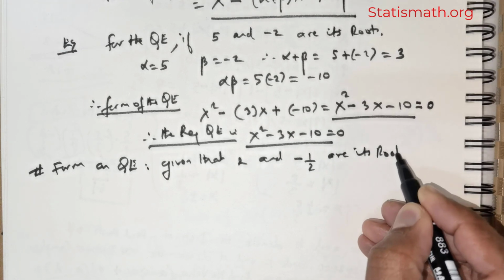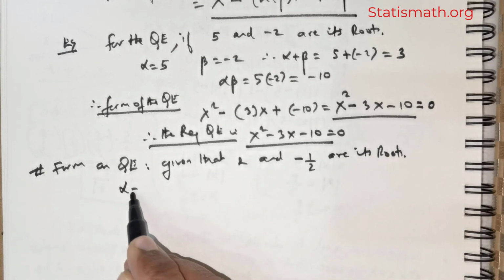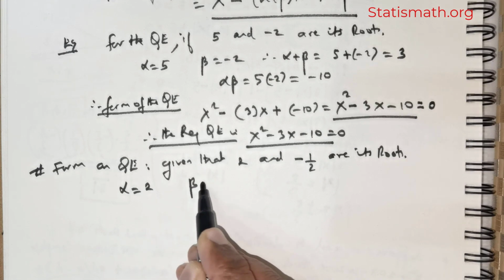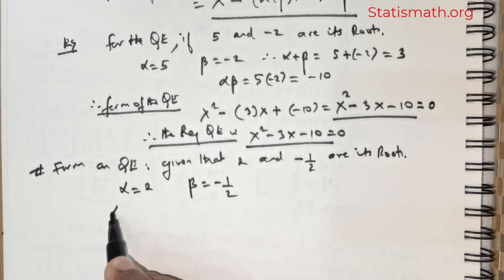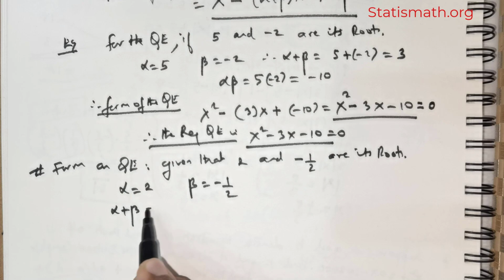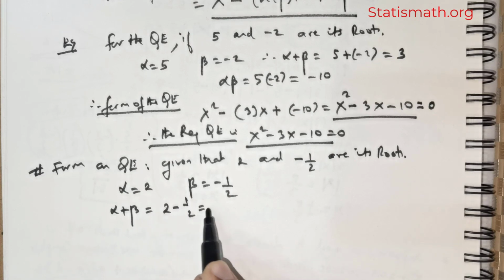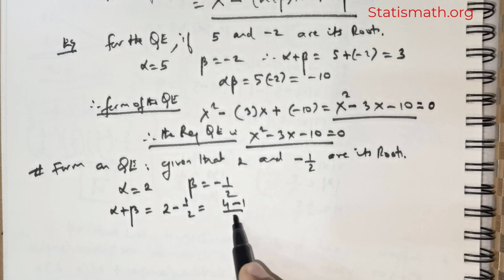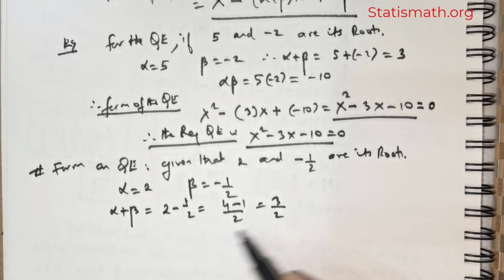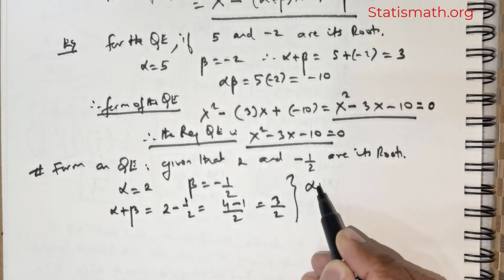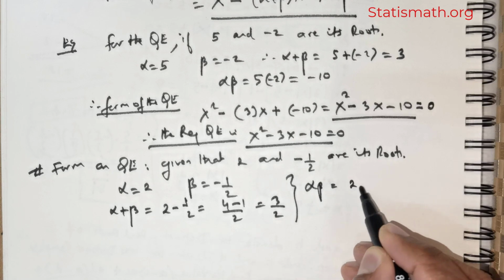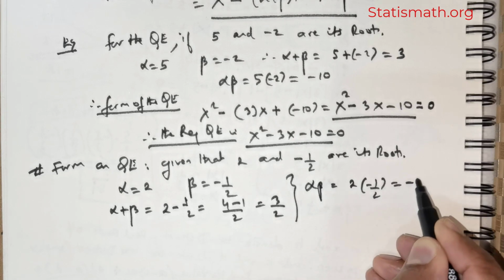Okay, so this is a simple question. So we have alpha equal to 2 and beta equal to negative 1 over 2. So I am taking the sum of the roots, alpha plus beta, is 2 added with negative 1 over 2. So that's going to be 4 minus 1 over 2, which is 3 over 2. And the product of the roots, alpha beta, is 2 times negative 1 over 2, which is negative 1.